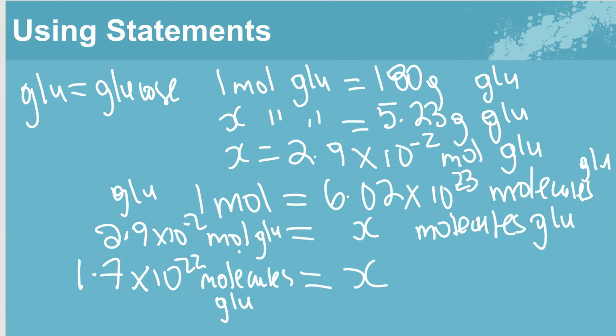As usual, we like to use statements because that is the way we truly know if we understand what is going on here. In our first calculation, we have our conversion factor, which is our molar mass. As I said before, I'm using a shorthand here, glucose, GLU.